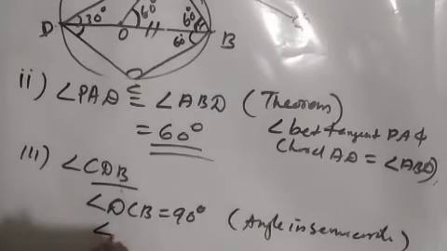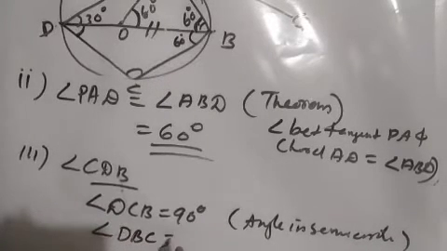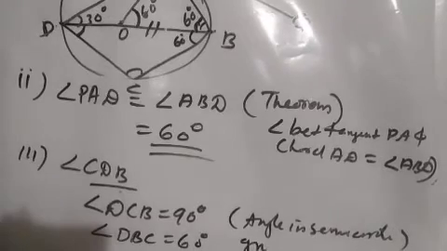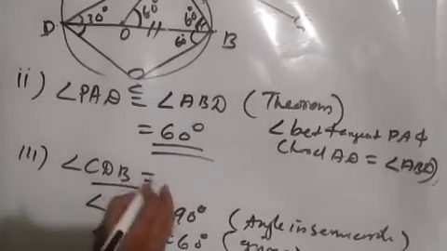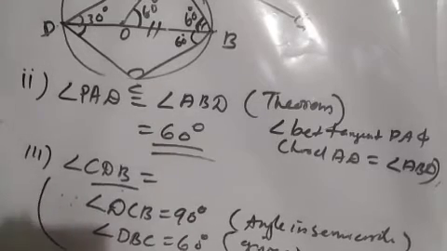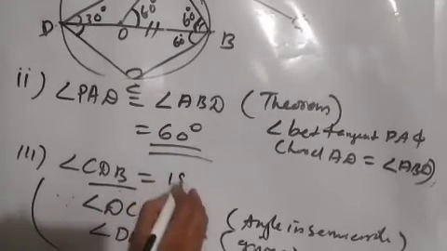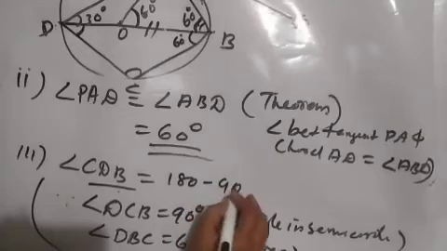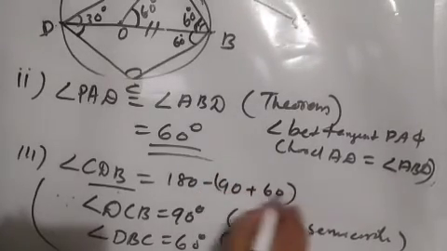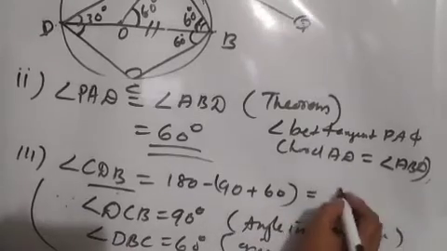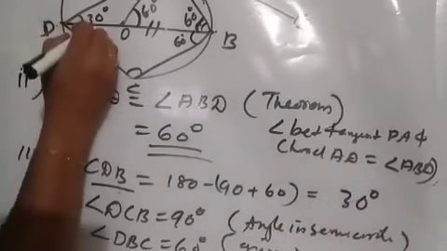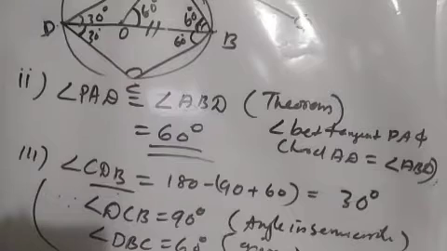And also angle DBC is given 60 degree, given in the question. So it is easy to calculate CDB now. Angle CDB is 180 minus 90 plus 60. That is 90 minus 60, it's 30 degree. So that angle is 30 degree. Thus we solved the problem.